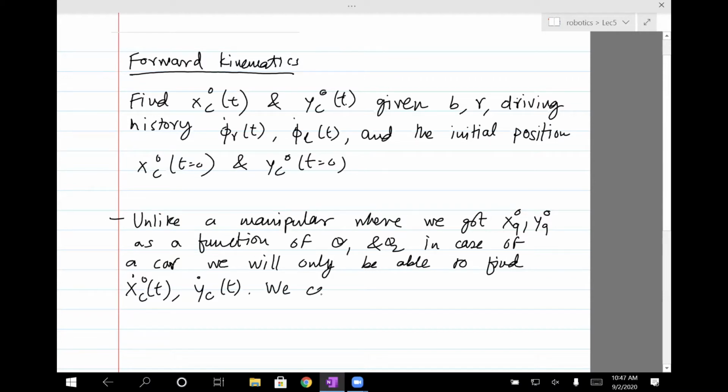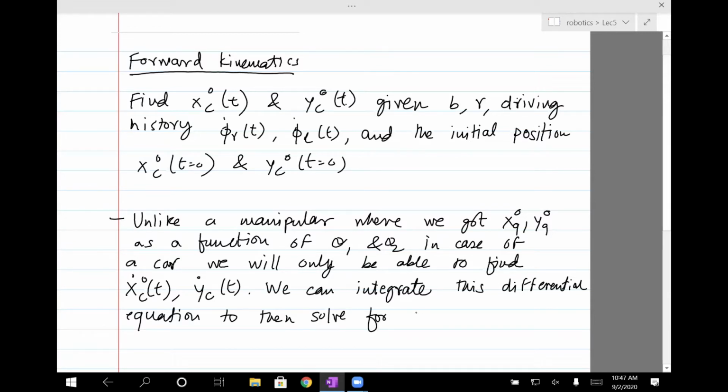We can integrate this differential equation to then solve for xc0 t and yc0 t.